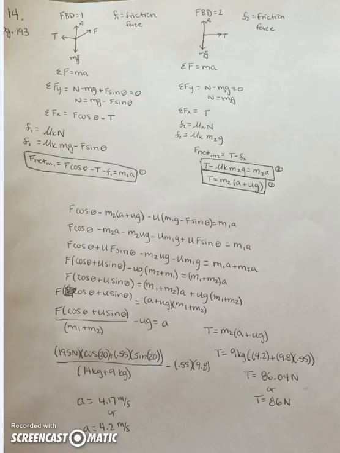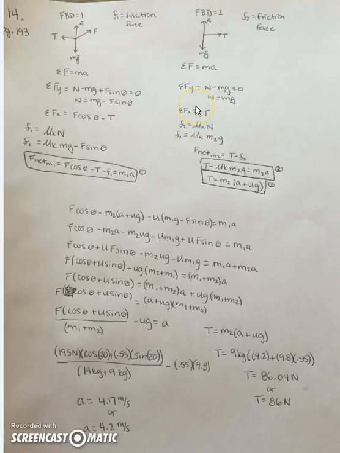Now that we have that, we move on to our second mass and look at the free body diagram. The summation of the forces is equal to mass times acceleration. The summation of the forces in the y direction is N minus m2g equals 0, so N is equal to m2g.